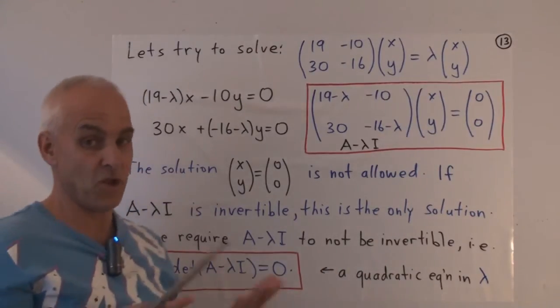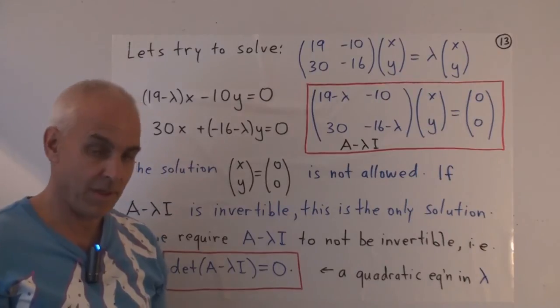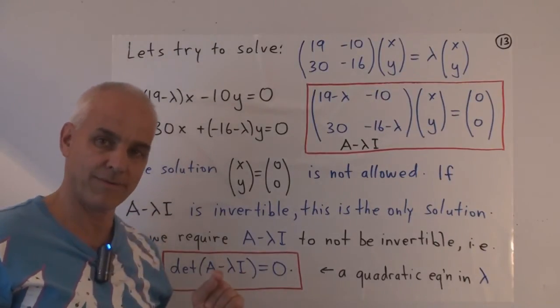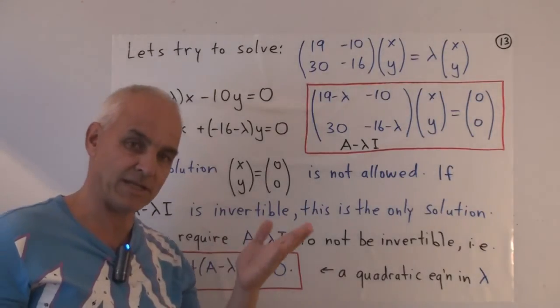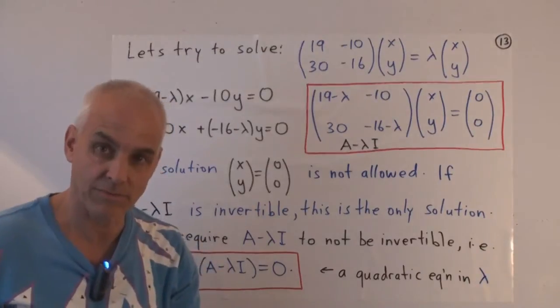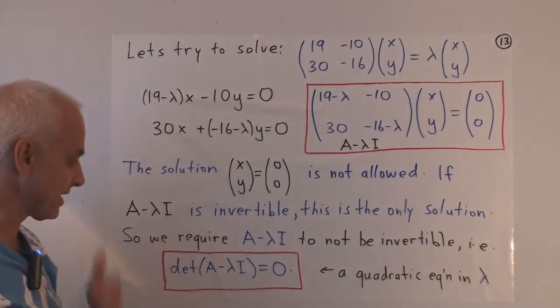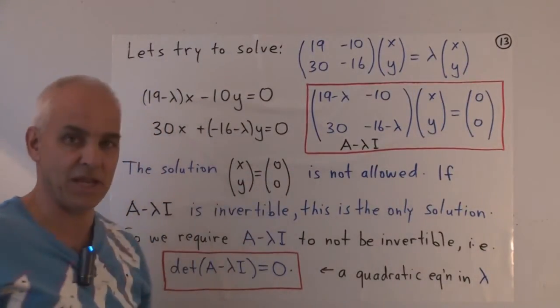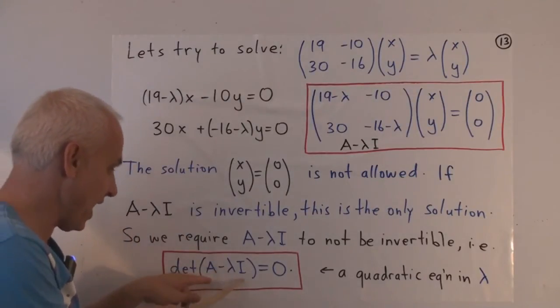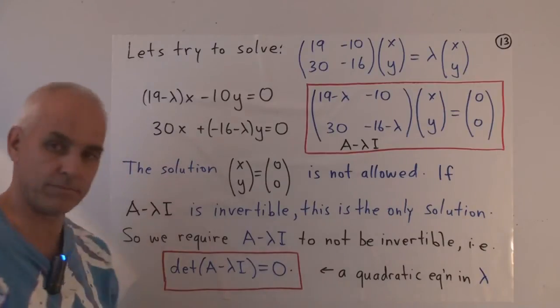And when is a matrix not invertible? Precisely when its determinant is 0. Remember, a matrix is invertible precisely when its determinant is non-zero. So we require that the determinant of A minus lambda I be 0.